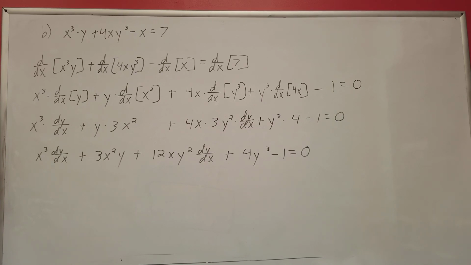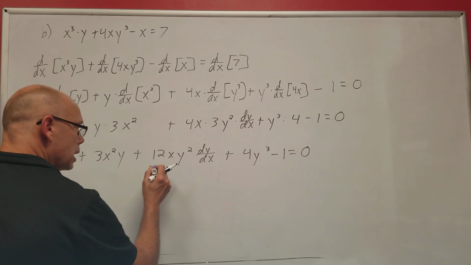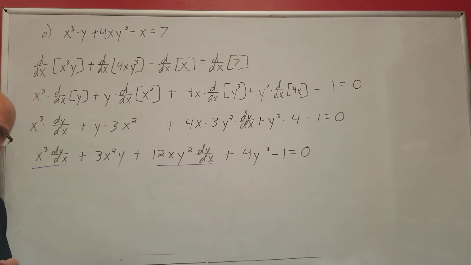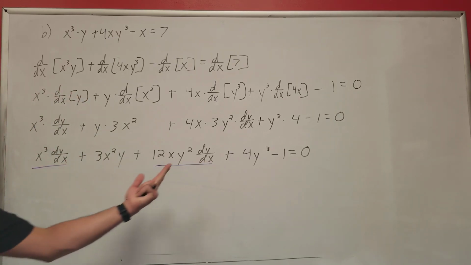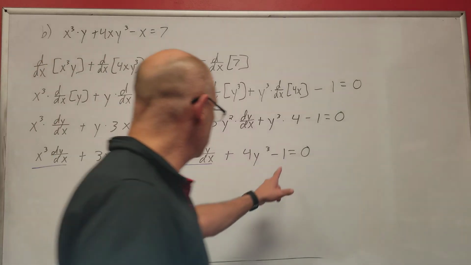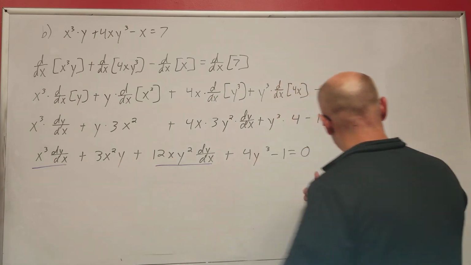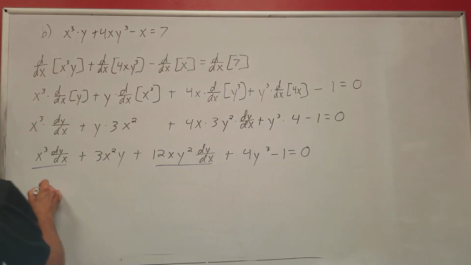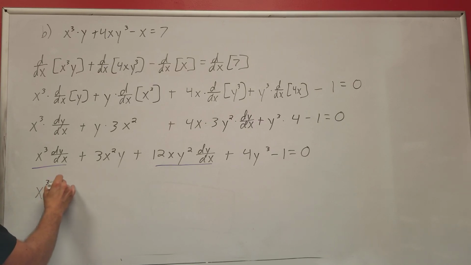Now, what are we trying to get by itself? The dy over dx. So let's get these terms here and here all by themselves on the left-hand side of this equal sign. And we'll bring this, this, and this over to the other side. Just algebra at this point. So we have x cubed times dy over dx.